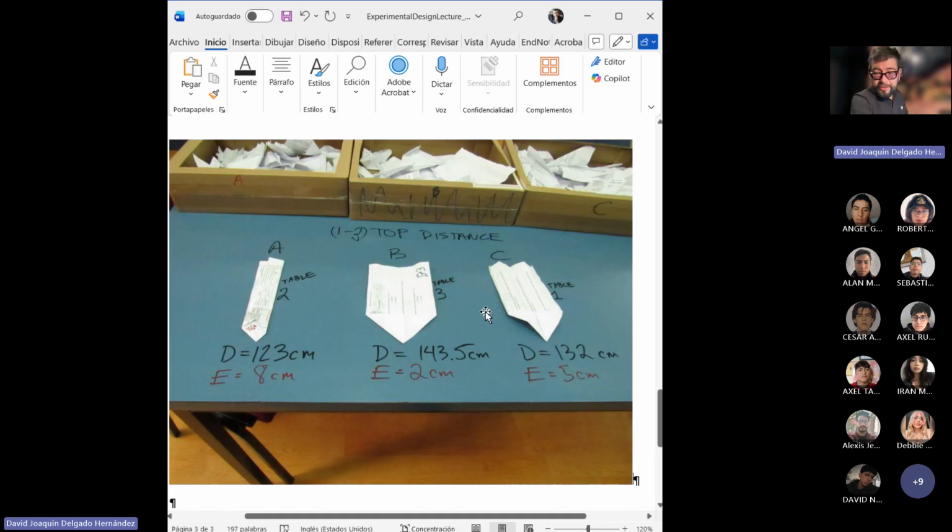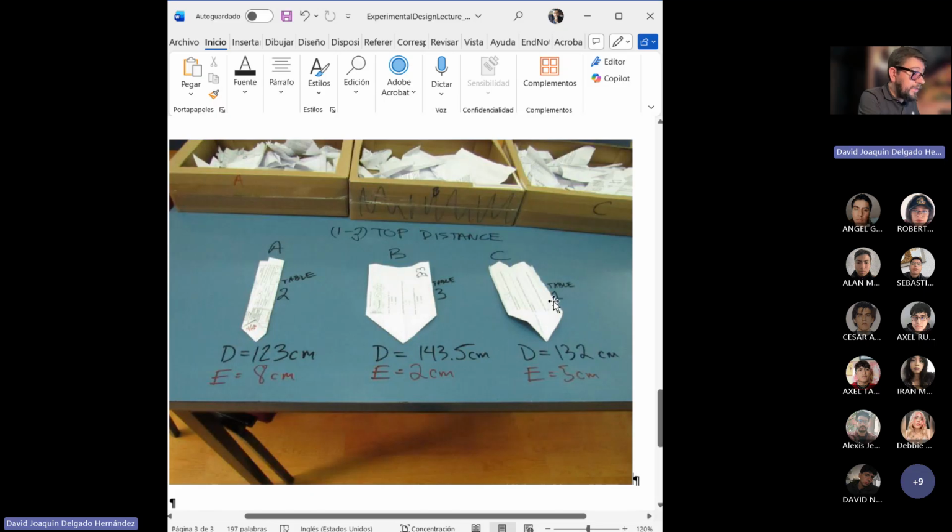So as you can see here in this photograph, in these boxes behind, I have so many different airplanes, okay? But these three, imagine that these three are the top three in distance. So for instance, the airplane A could fly 123 centimeters, okay? Plane B could fly the distance of 143.5 centimeters.